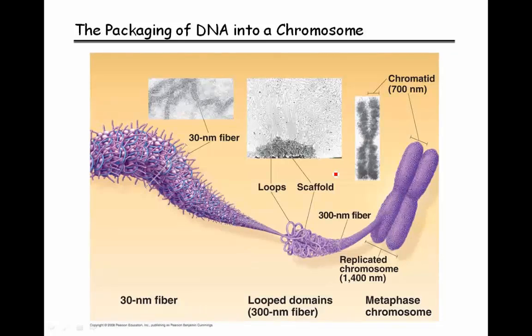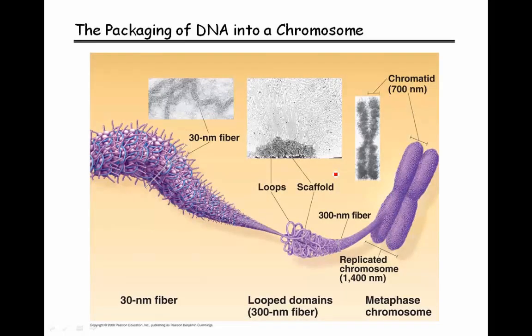Now keep in mind that most of the time, the DNA is not going to be as highly compacted as what we saw during prophase, and it's not going to be completely naked DNA or DNA that's not wrapped around any proteins. It's going to be somewhere between the two extremes. Some areas of the DNA will be more compacted than other areas of the DNA, and it really does all have to do with how often that particular region of the DNA is going to be accessed by the cell.